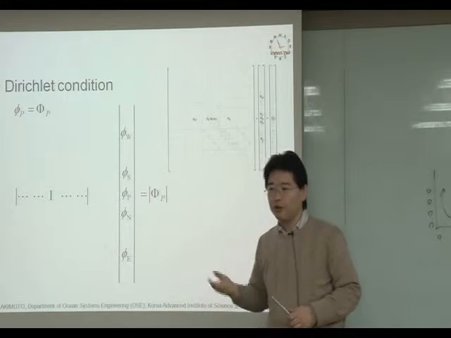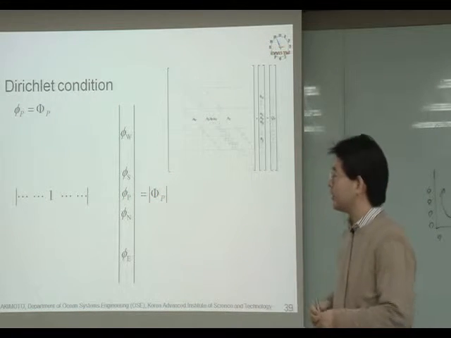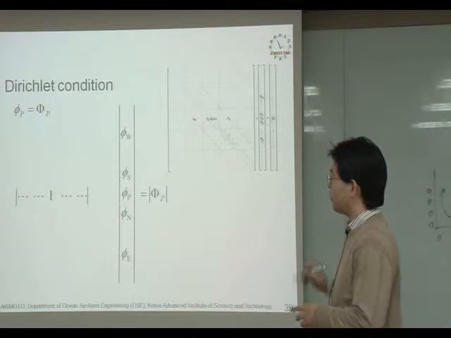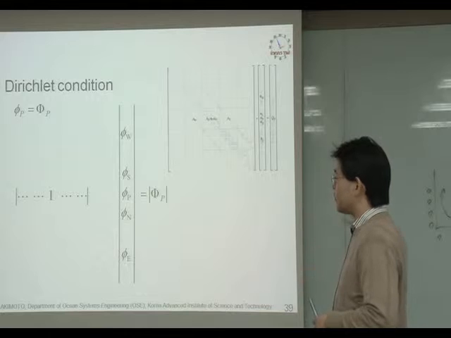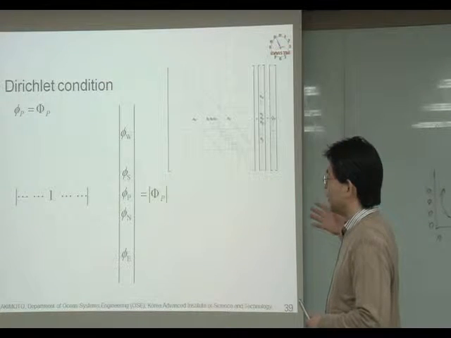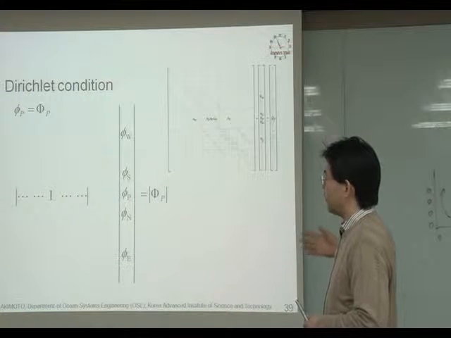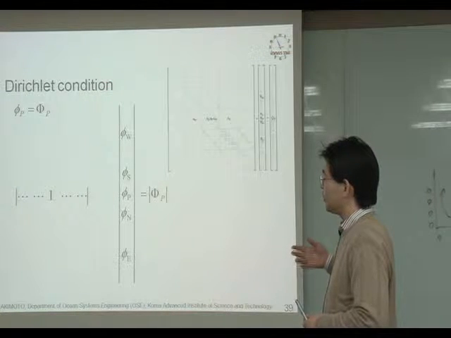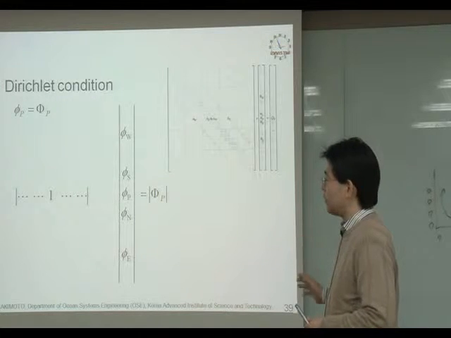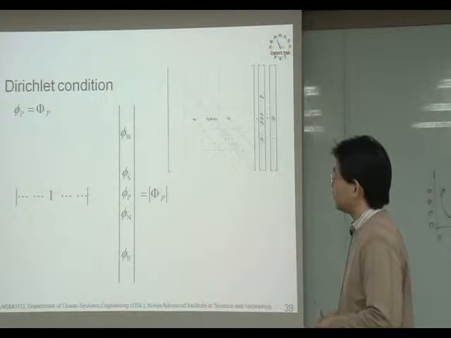It will be satisfied always. So in this case, it does not solve any information of phi p, and you can set phi p after each calculation of the matrix solution. This is another approach.